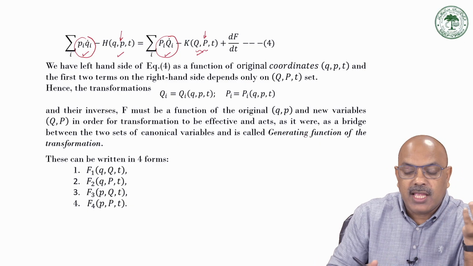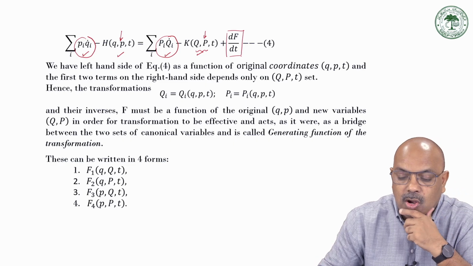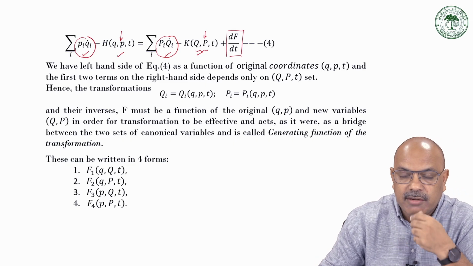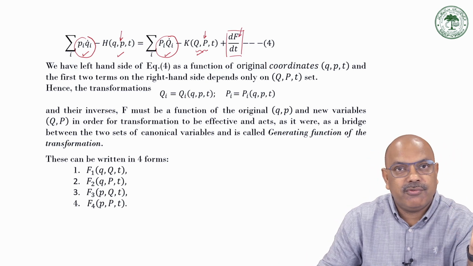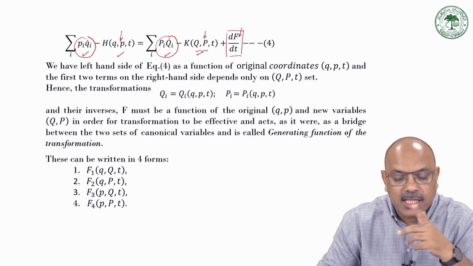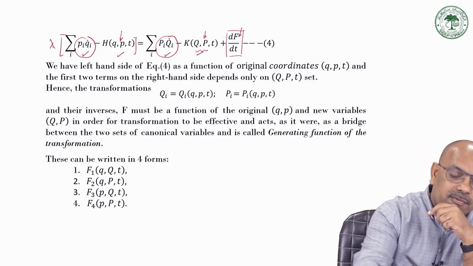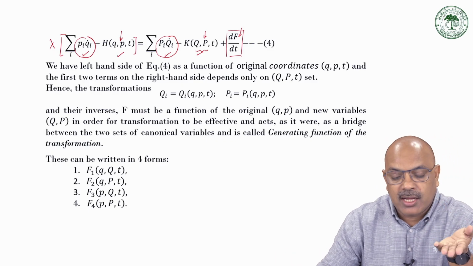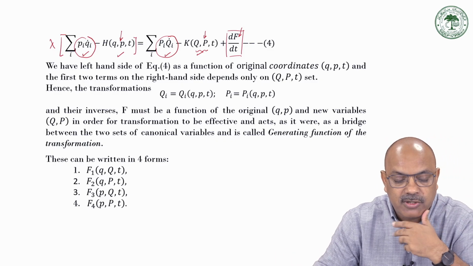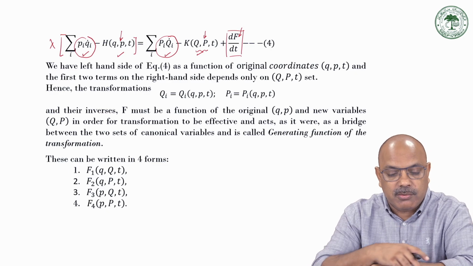Along with that you have a time-dependent component, the time derivative of f, which, as we had discussed, is the generating function for this canonical transformation. We also have a multiplicative constant lambda. For lambda equal to 1 we have a canonical transformation, and if lambda is not equal to 1, then you have extended canonical transformations.